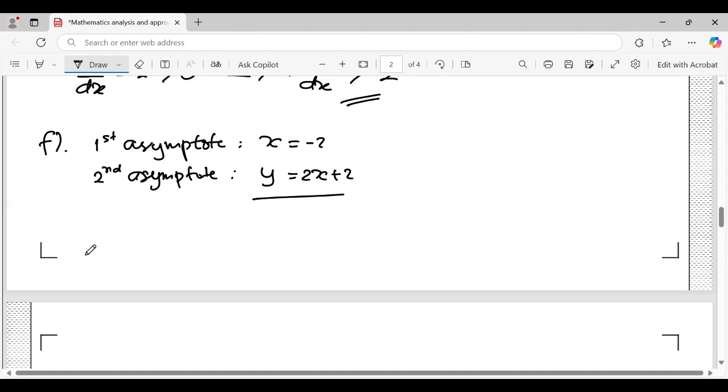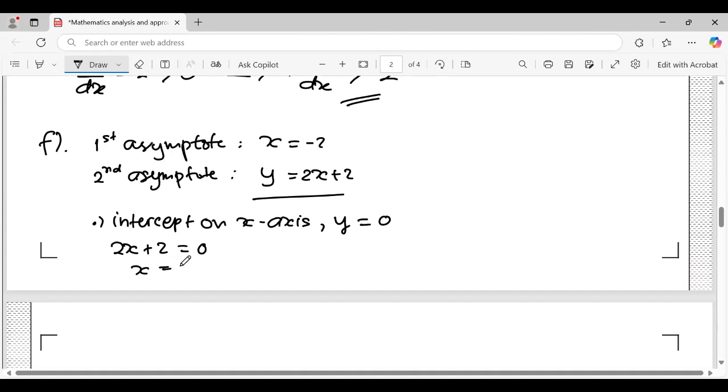Especially for this asymptote line, we need to find the intersection points with the x-axis and y-axis. The intercept on the x-axis means we need to set y equals 0. If y equals 0, 2x plus 2 equals 0, so x equals minus 1.